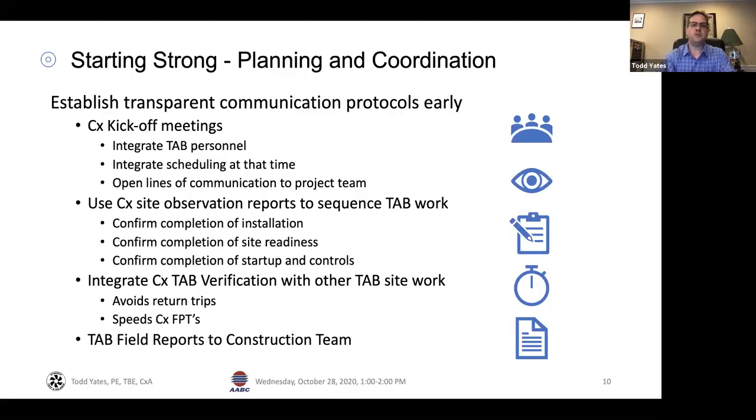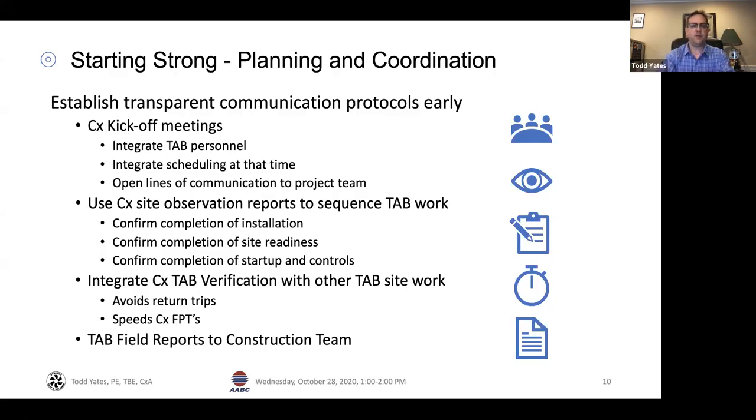We can also use this planning and coordination to establish that we're going to send our test and balance field reports to the entire construction team, not just the contractor that we're working for, assuming it's the mechanical. That's a structure we see. It may be different in your area, but I'm talking from what we see here regionally.